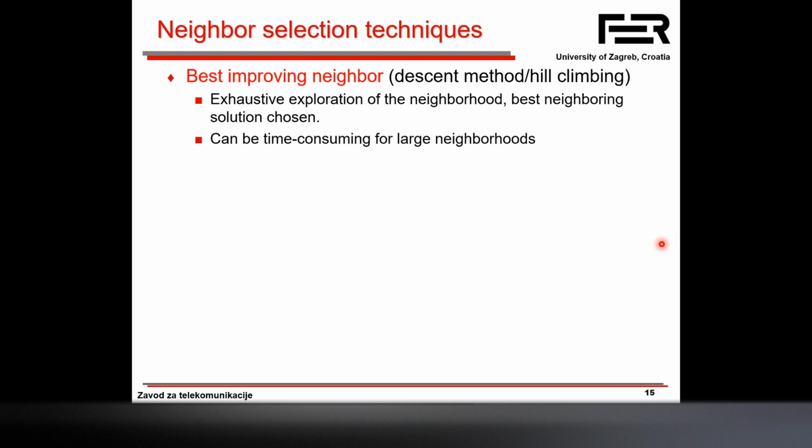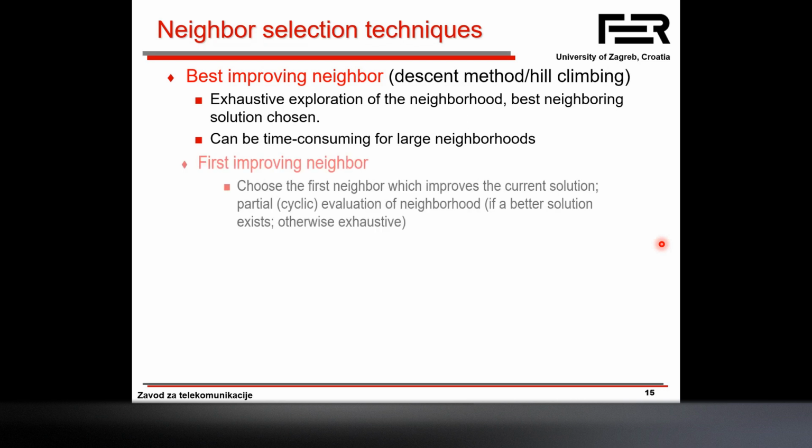Then we find again the whole neighborhood for our new current solution, and so on. The problem here is that it can be time consuming if we have large neighborhoods. So if you have, let's say, a very large solution space, a large vector representing your solution, where you have to try out all possible moves, then this can be very time consuming.